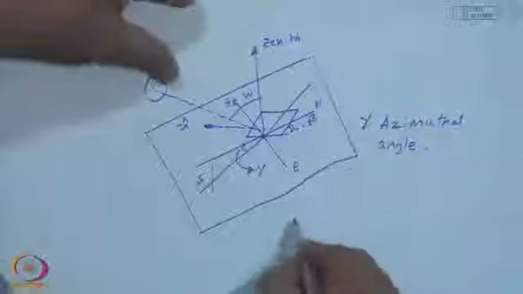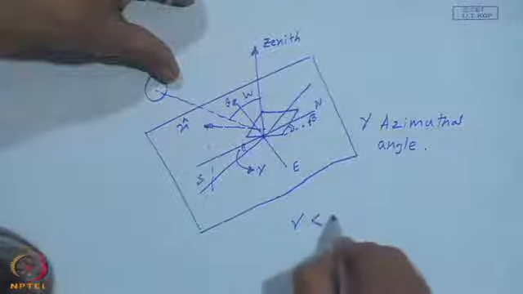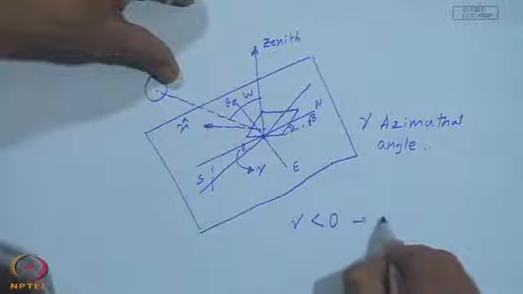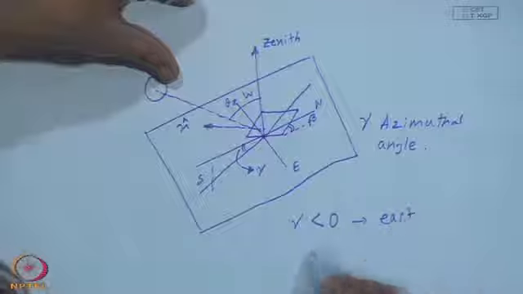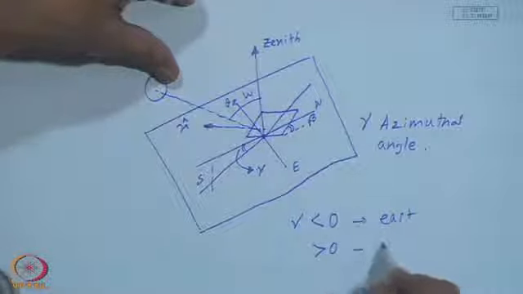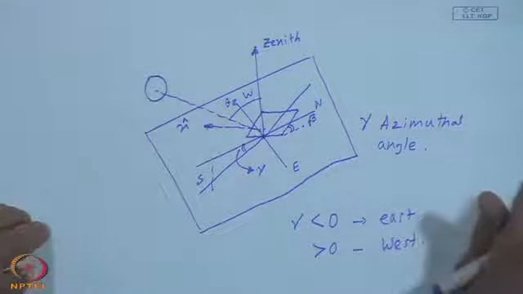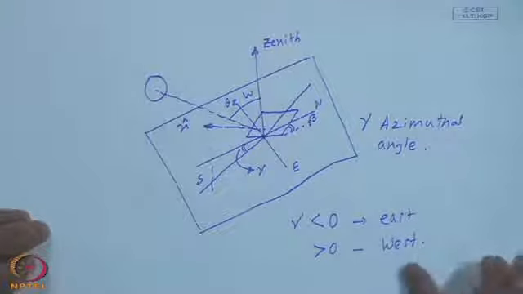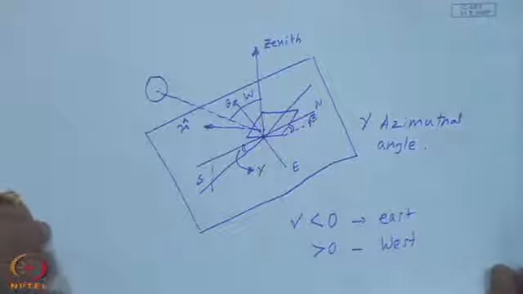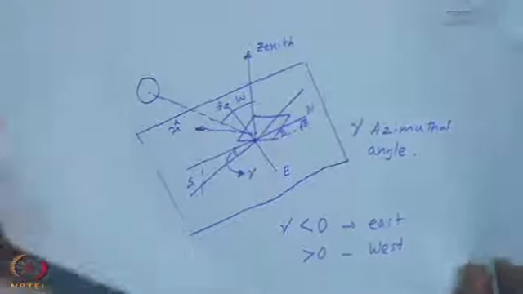And this azimuthal angle gamma is negative towards east and towards west it is positive. This is consistent with that time notation, hour angle being negative in the morning and positive in the afternoon.